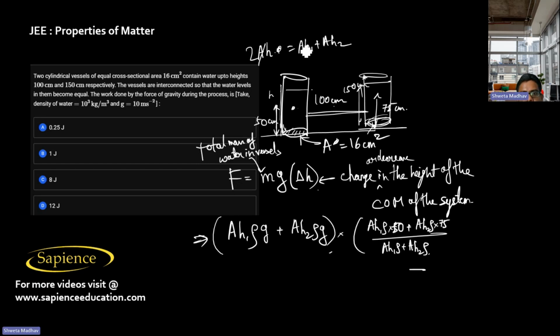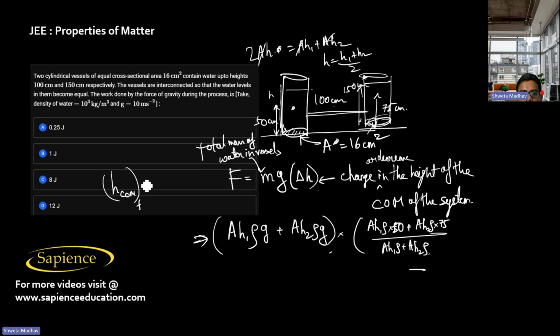So I can say H will be equal to H1 plus H2 by 2, the final height of the center of mass.